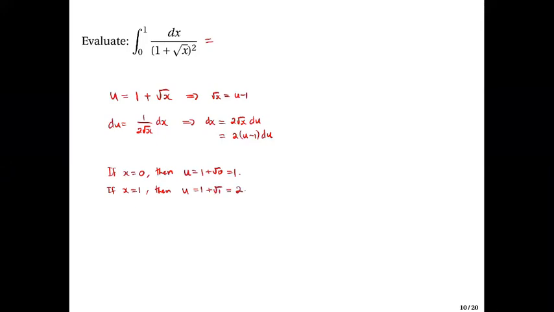This is just 2. Which means we will have integral from 1 up to 2. Dx is 2 times u minus 1 du. 1 plus square root of x, that's u. So in the denominator, we have u squared.